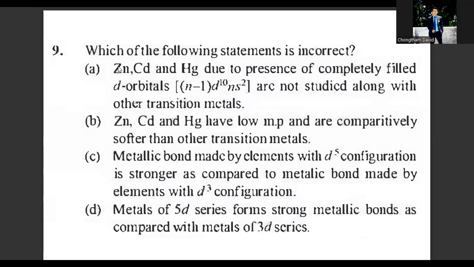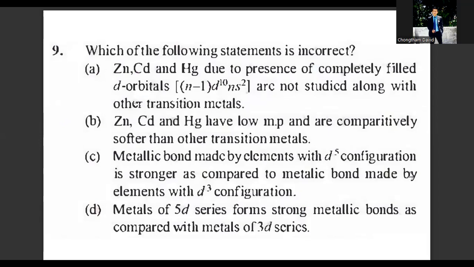Let us move on to question number 9. Read the statements. Which of the following statements is incorrect? Zinc, cadmium, mercury, due to presence of completely filled d orbitals, are not studied along with other transition metals.